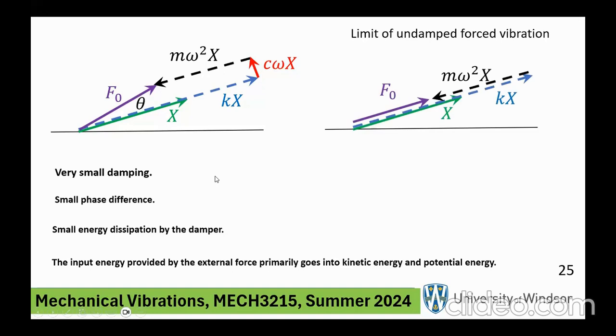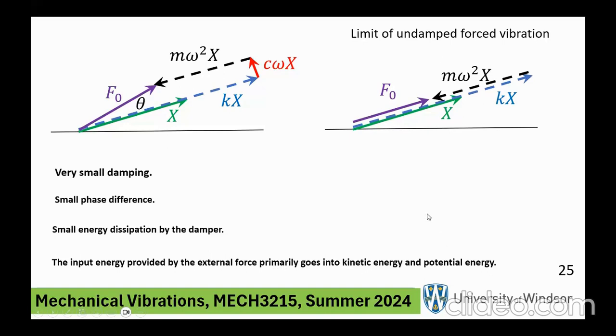In the limit that there is no damping, this red one is zero, it's not present, and this is an undamped representation of the phasor diagram for our problem. Incidentally, in the case of very small damping, this last line here is true: the input energy provided by the external force goes into kinetic energy and potential energy.